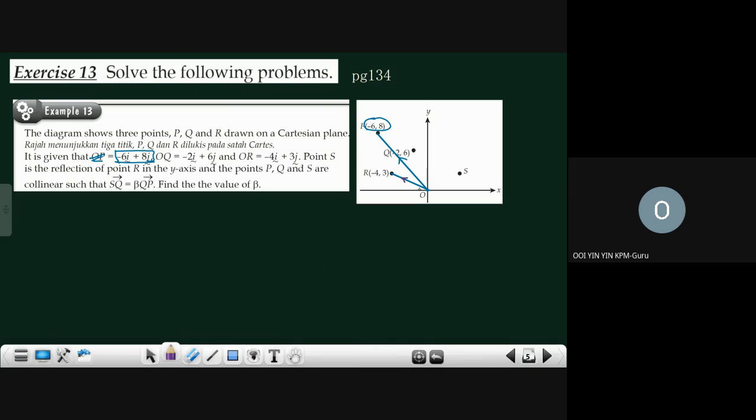你看 O to R 的 vector 是 negative 4, 3, right? 我们直接可以写成 vector for R is negative 4i plus 3j. Okay, 你看一下这边它是不是写 negative 4i plus 3j?